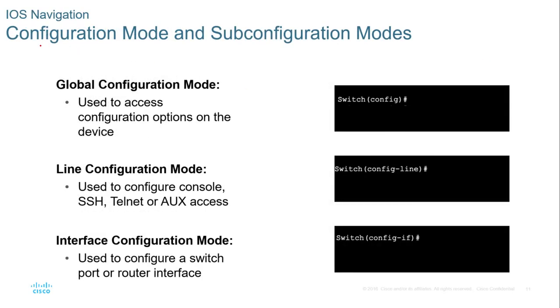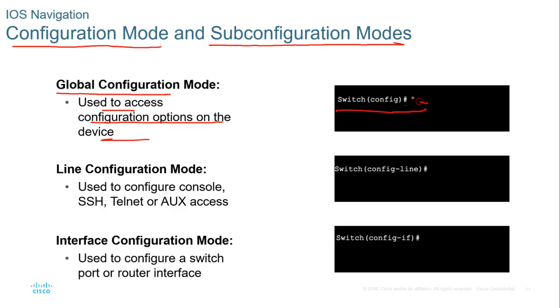Then we have the global modes and then sub configuration modes. Global mode is used to access configuration options on the device. If you want to do a configuration that affects the device, we have to be in this mode. Then we have the sub configuration modes.